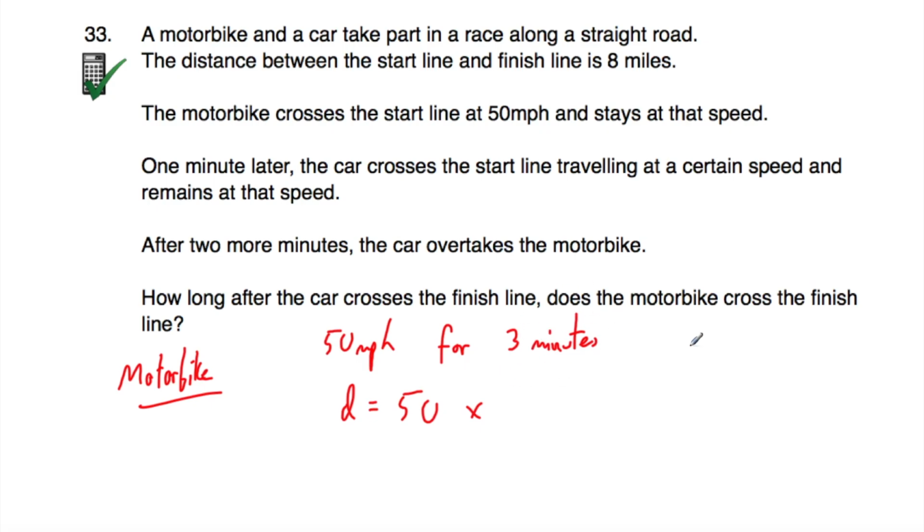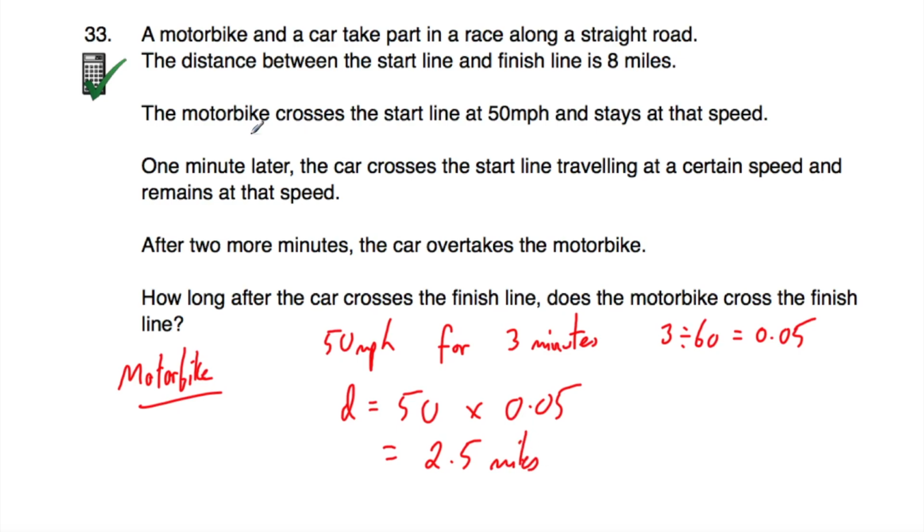We want it in hours, so we're going to do 3 divided by 60, and 3 divided by 60 is equal to 0.05 hours. So if we do 50 times 0.05, that'll tell us how far the motorbike's travelled in the first 3 minutes. 50 multiplied by 0.05 is equal to 2.5 miles.